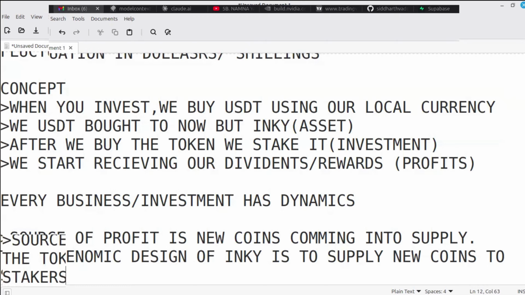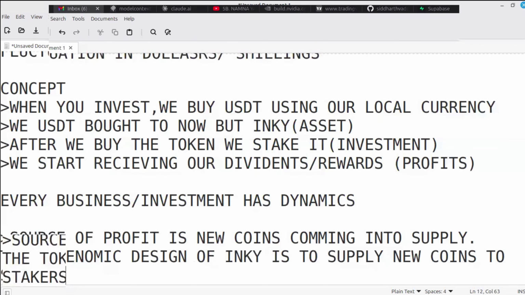When Inkryptus launched its project, not all coins came at once into supply.